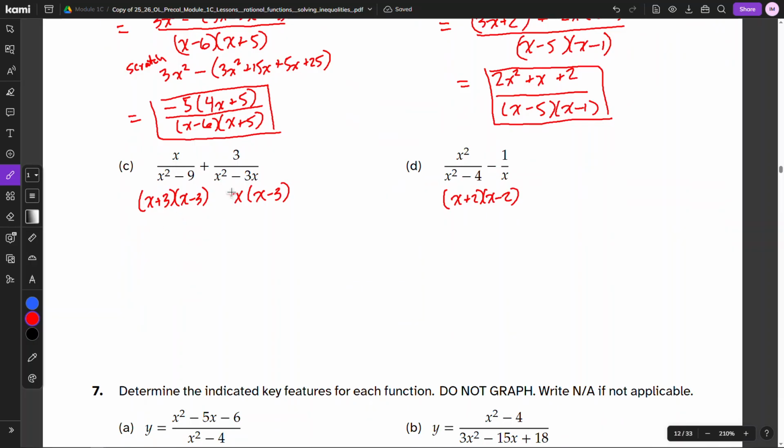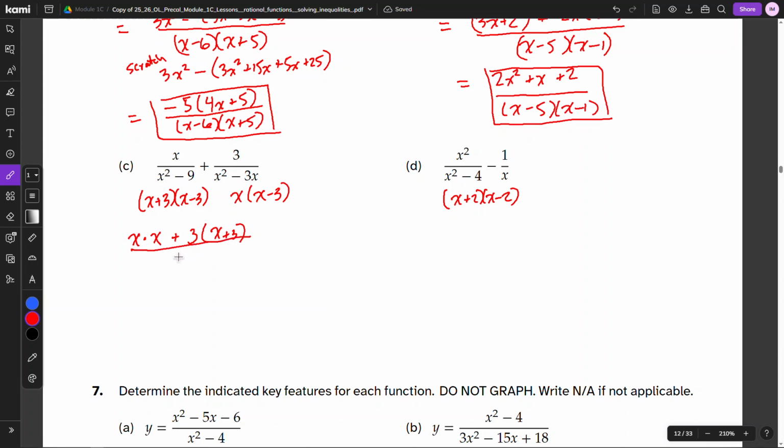This first one is missing an x term, while the second is missing an x plus 3. So we're going to have x times x plus 3 times x plus 3, x minus 3, which I'm just going to call x squared minus 9. But no, it just needs to be multiplied by x plus 3 because I already have an x minus 3.